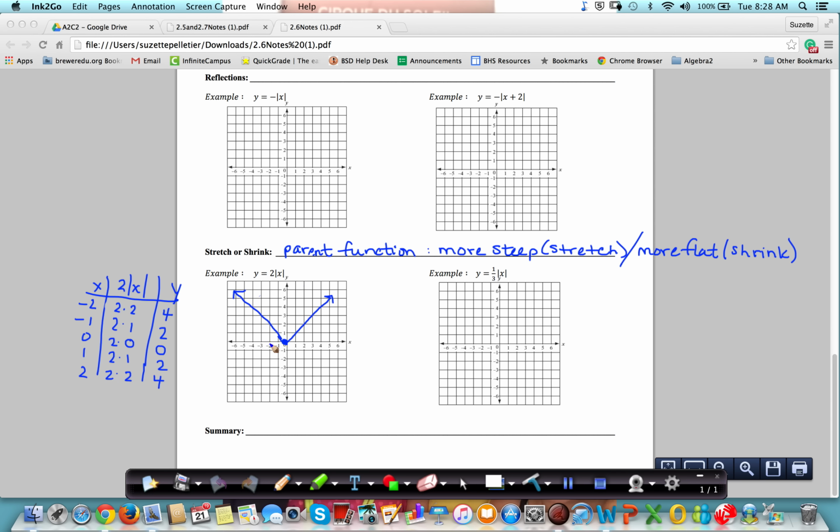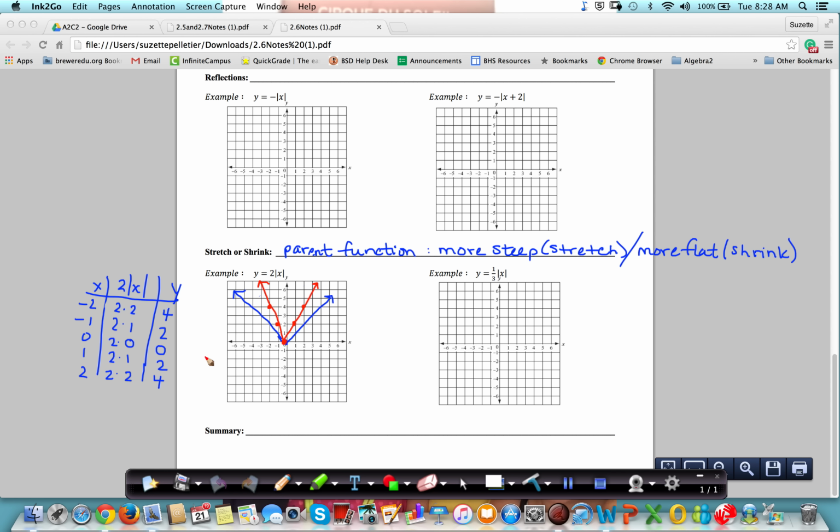So if I plot these, -2, let me do it in a different color. -2 is now, instead of at 2, it's at 4. -1, instead of being at 1, it's at 2. 0 is still at 0. Over 1 up 2. Over 2 up 4. So you can see that the whole number 2 on the outside is stretching or pulling on my function, straightening it and flattening it out.